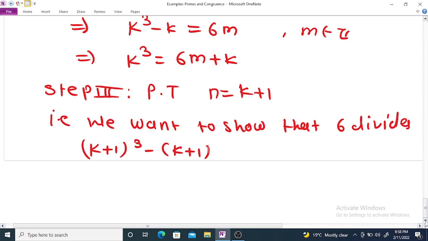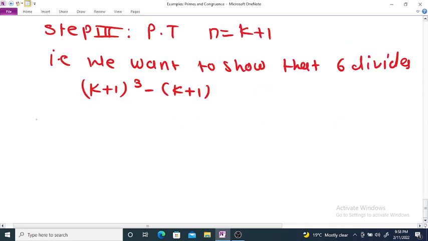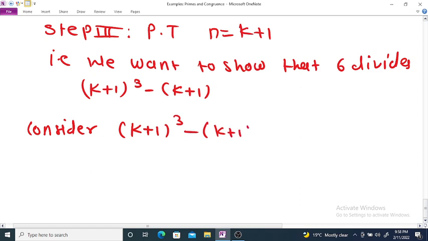Now here, consider (k plus 1) cube minus (k plus 1).